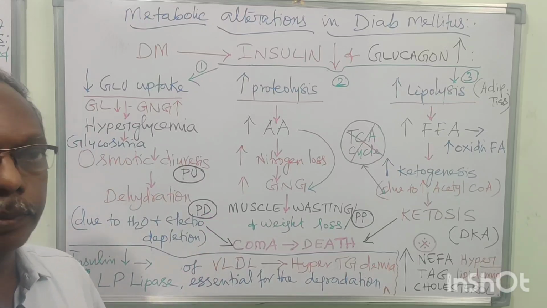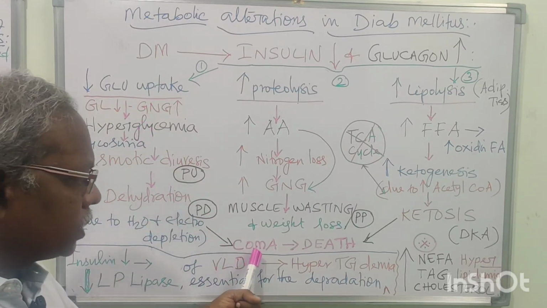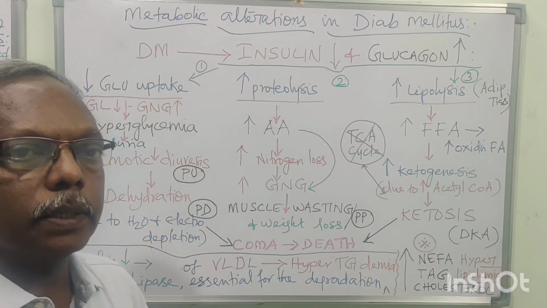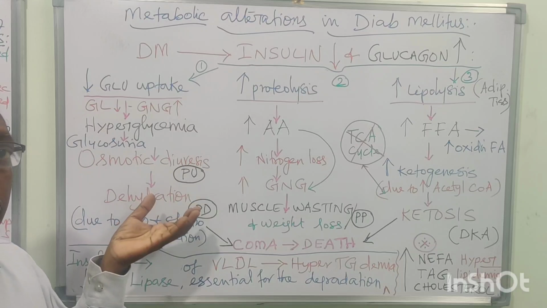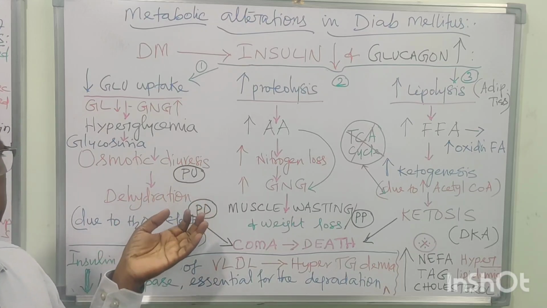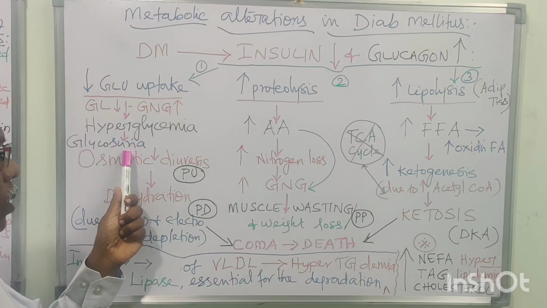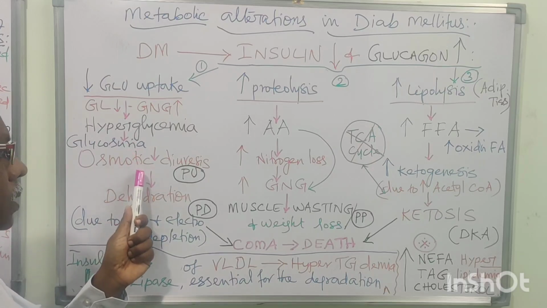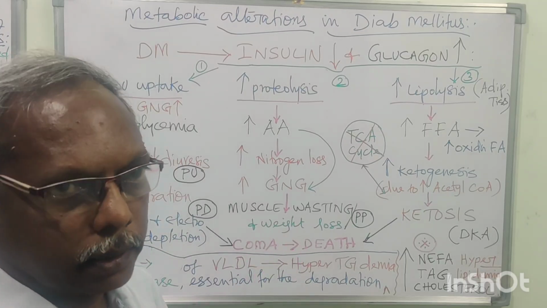Thirst center is stimulated, right? All these changes lead to coma and finally sometimes death also occurs. So this is regarding carbohydrate metabolism, right? The important point is hyperglycemia produces glycosuria, produces osmotic diuresis. They will go for dehydration, coma and death.